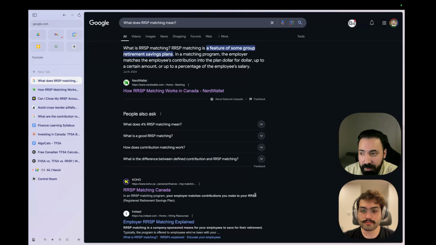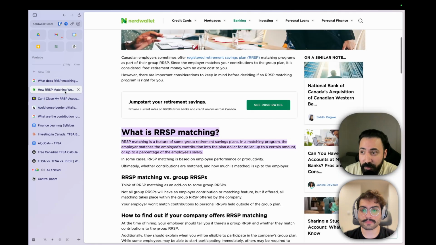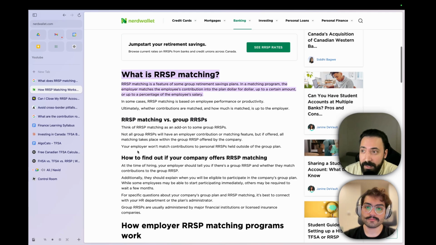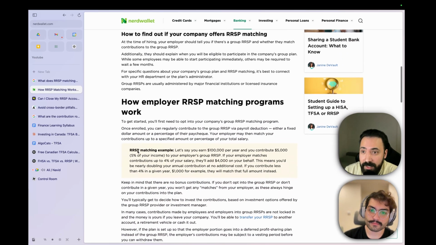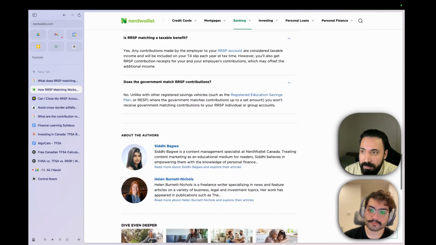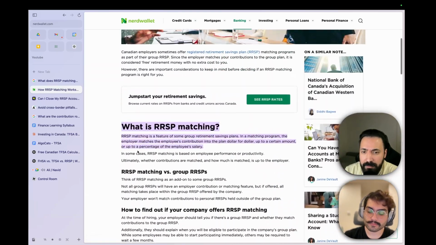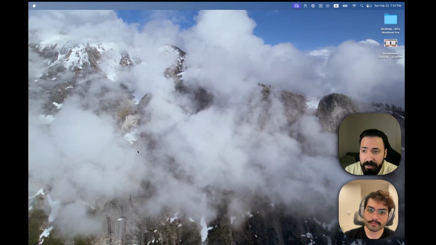So it's actually a good benefit if your company is offering you these kinds of perks, like RSP matching, or other companies do other account matching as well. You can benefit from those, and the percentage of the matching is different. Some companies offer 5%, some more than that. So it depends on the company that you're working with.